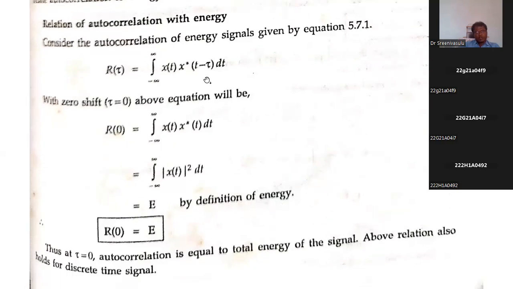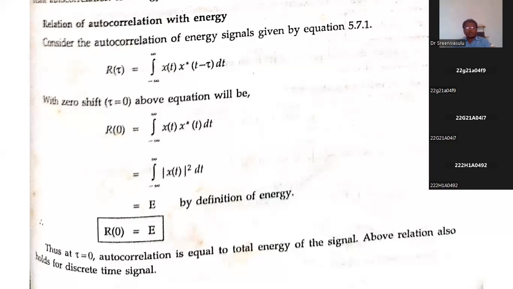In this formula, if we substitute tau equal to 0, whenever tau is equal to 0, we get x of t times the complex conjugate of x of t.